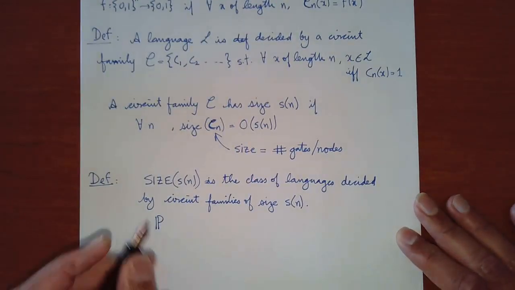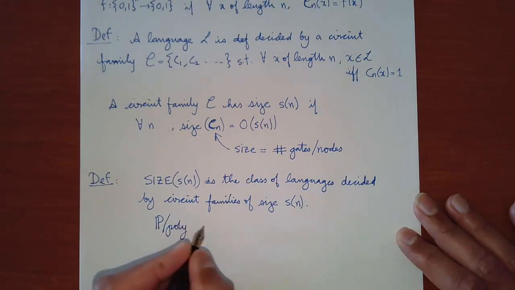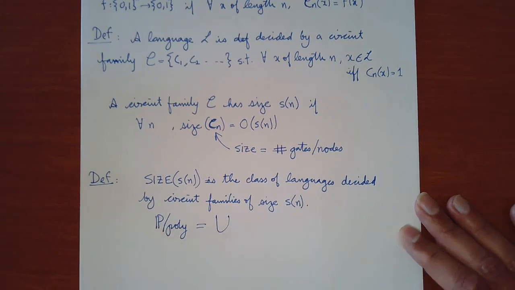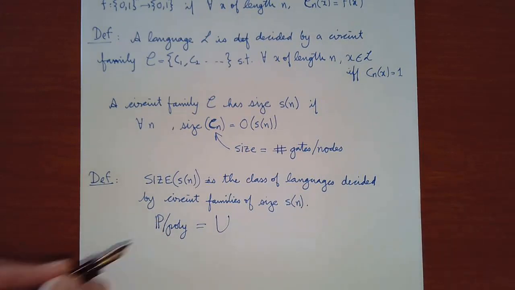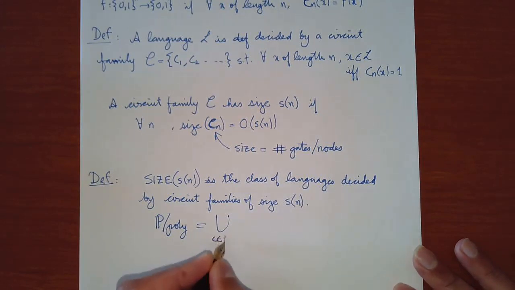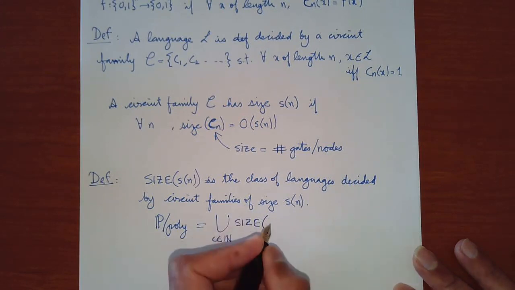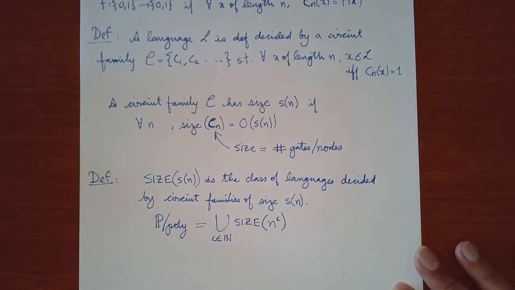And now our notion of P is called P/poly. I'll explain later on, in the next few lectures, why this notation is used. So P/poly is sort of your natural guess as to what it is. It's all functions that are computed by polynomial-sized circuits.